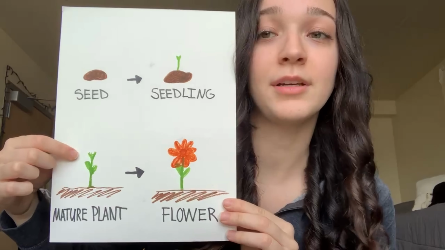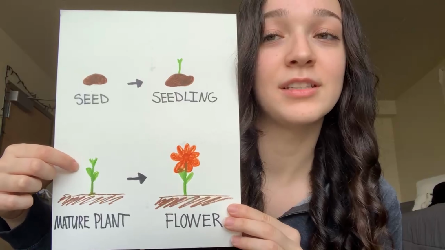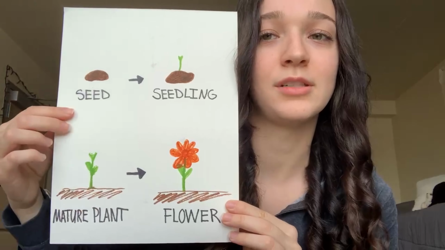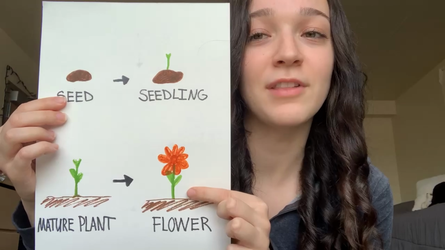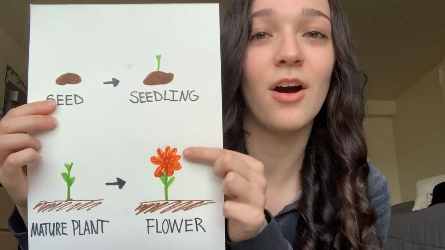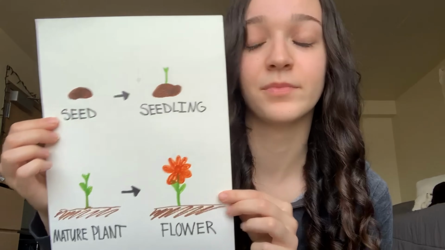And then we go into our mature plant. There's no flower yet, but we have our leaves and our stem and then the roots in the ground. And then our flower blooms and we have our beautiful flower with our petals and our leaves, and it all comes together.